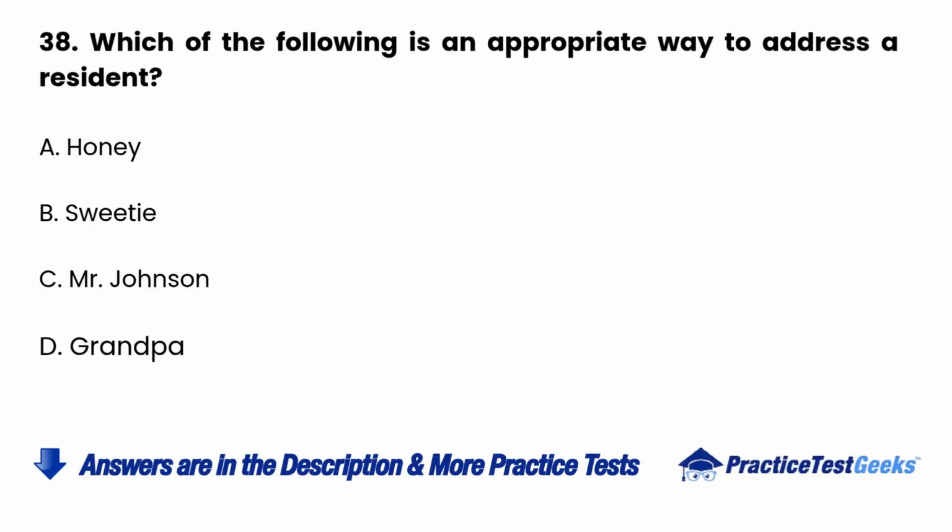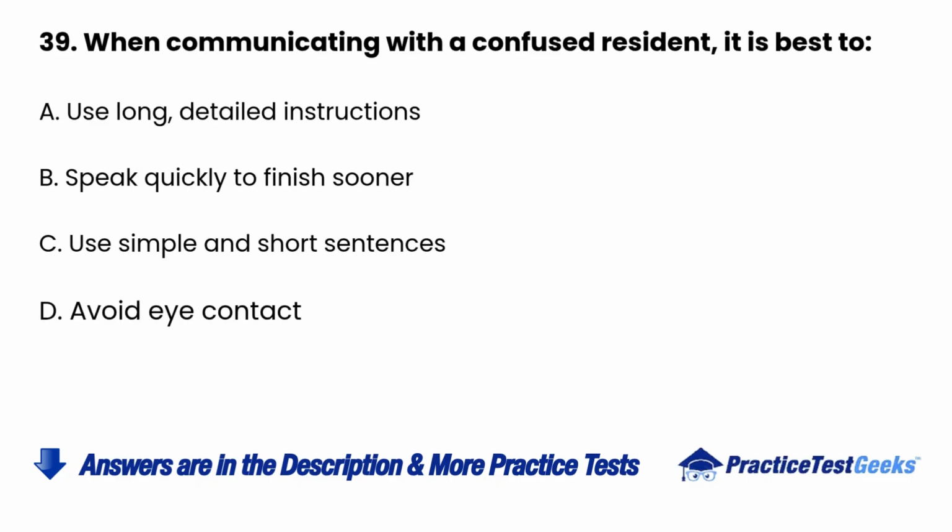B. Sweetie. C. Mr. Johnson. D. Grandpa. 39. When communicating with a confused resident, it is best to A. Use long, detailed instructions. B. Speak quickly to finish sooner. C. Use simple and short sentences.